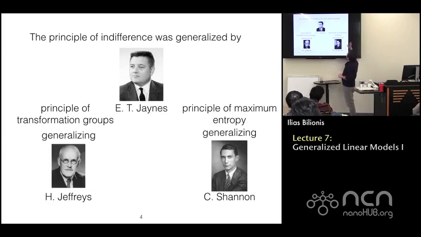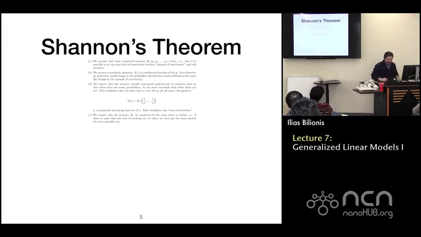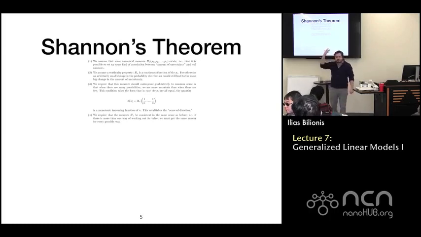The principle of maximum entropy is another thing that we introduced that allows us to pick distributions. And let's briefly talk about it. It depends on the information entropy, which is an invention of Shannon. So Shannon postulated 4 or 5 axioms for an uncertainty functional.